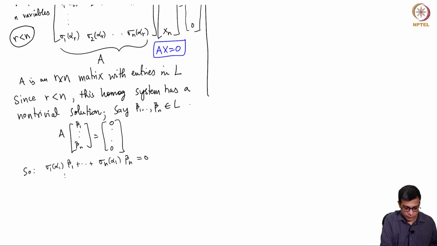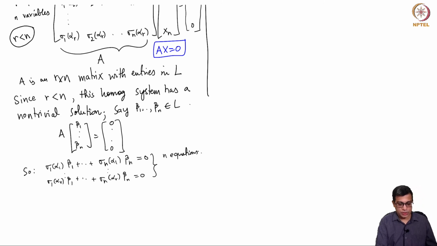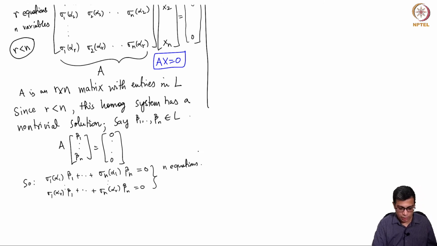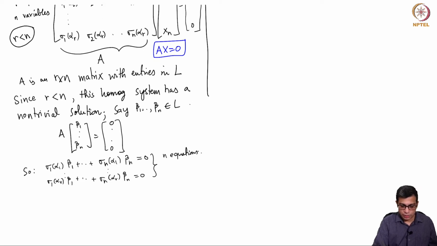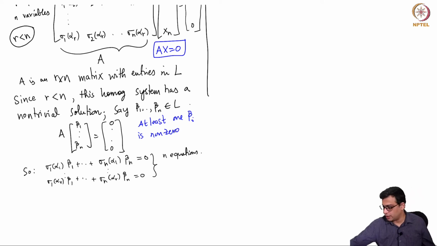So I am only going to write the first and the last equation. Last equation will be sigma 1 alpha r beta 1 all the way up to sigma n alpha r beta n equals 0, right? So there are r equations like this. Okay, so this is just a collection of elements of L now, and this is 0, and at least one beta i is non-zero. That is exactly the meaning of it being a non-trivial solution. So this will be useful for us later.